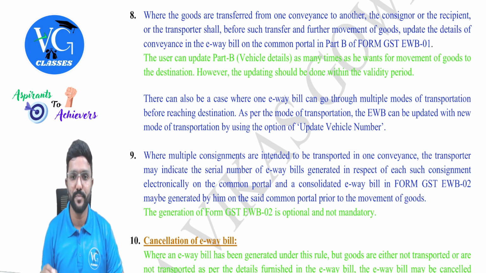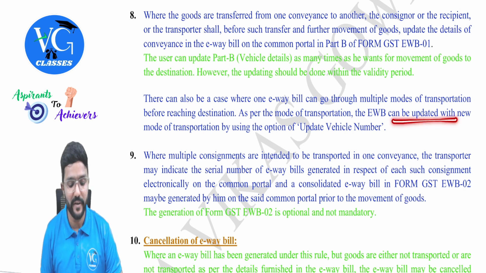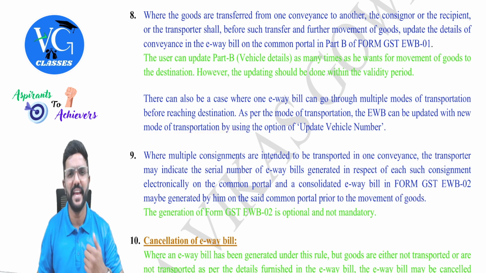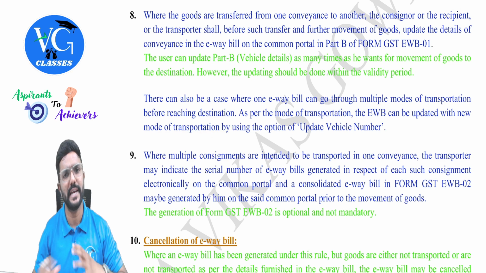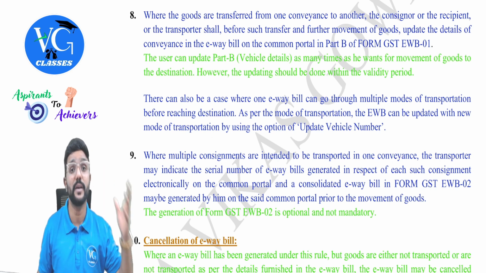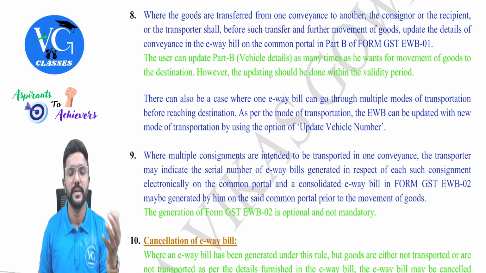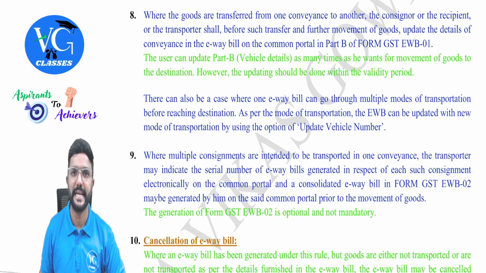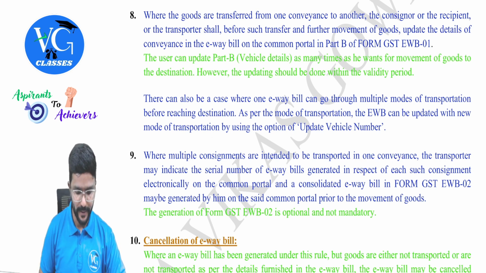As per the mode of transportation, the e-way bill can be updated with the new mode of transportation, by air or by water or by ship or by road or by vehicle, like that. Clear? So whenever the goods are moving in multiple modes of transportation, like by air or water or road or even railways, as and when there is a change in the mode of transportation, we need to update the details in part B. Okay.